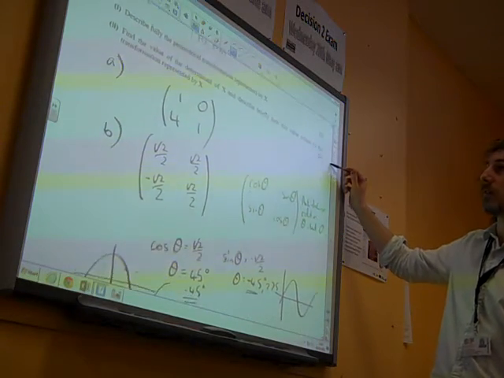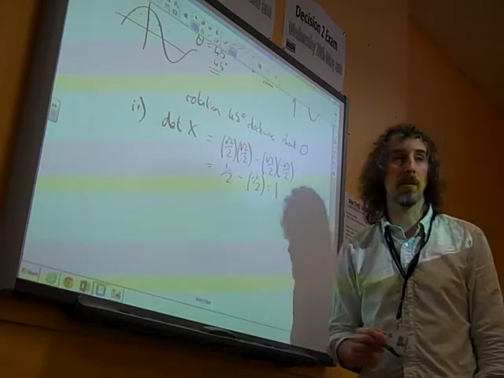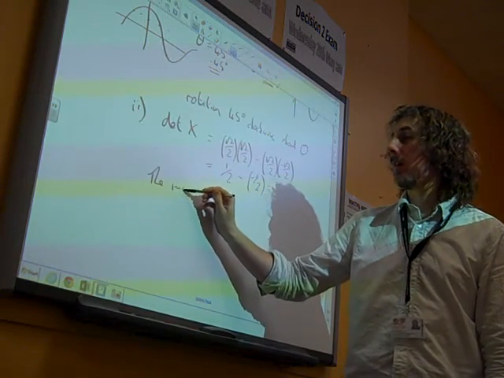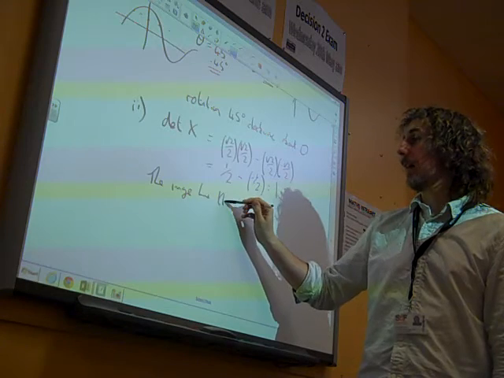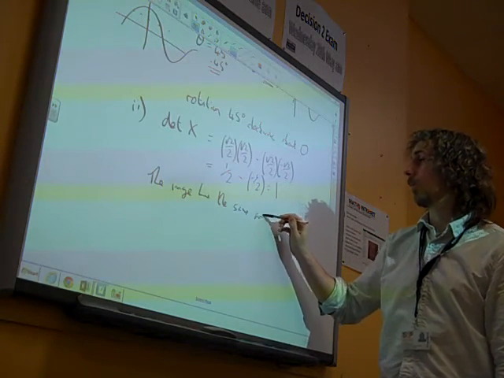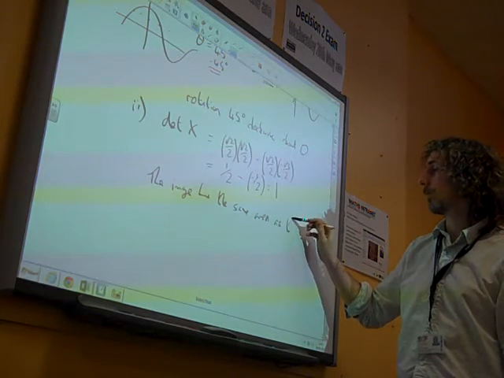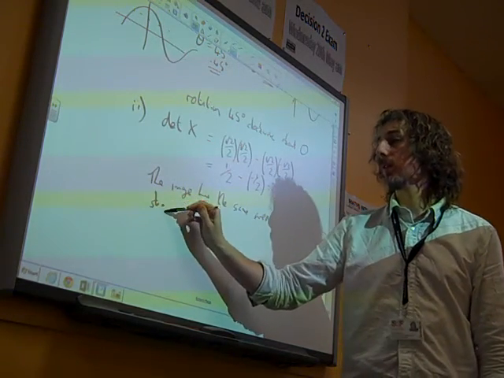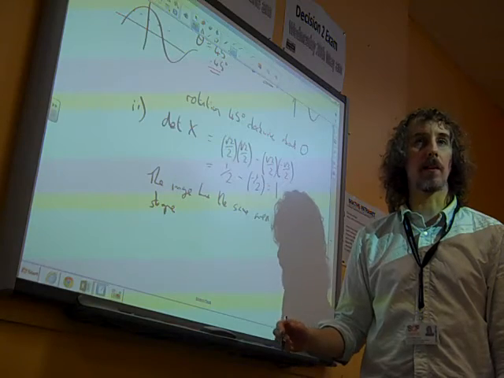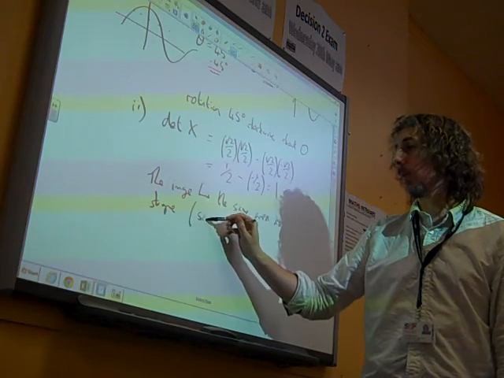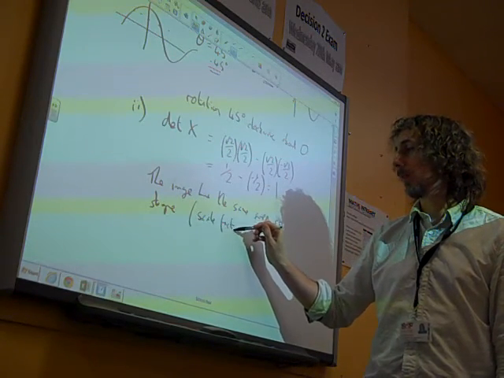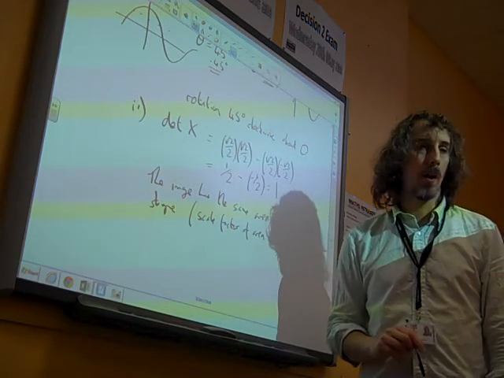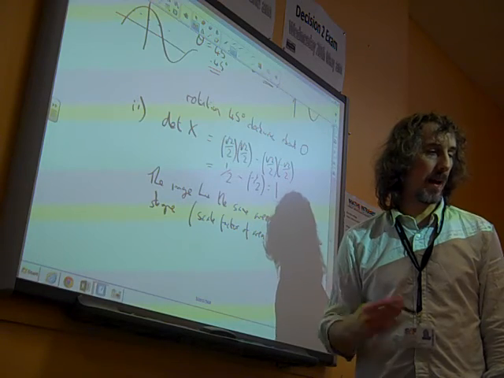Describe briefly how this value relates to the transformation represented by X. The image has the same area as the original shape. Okay, the scale factor of the area is 1. So the second mark was for that description there.